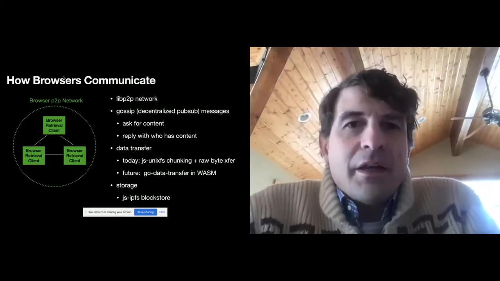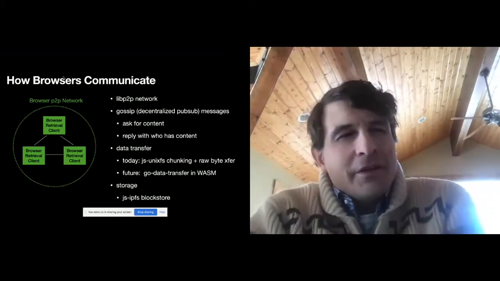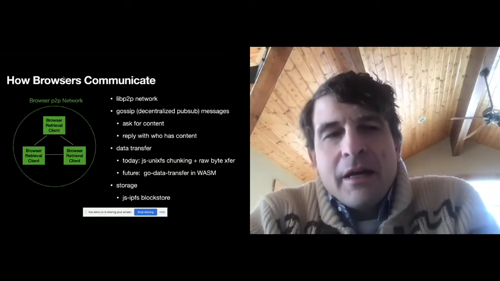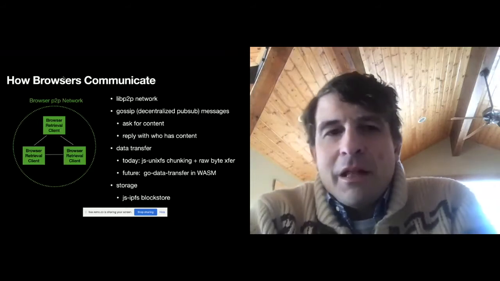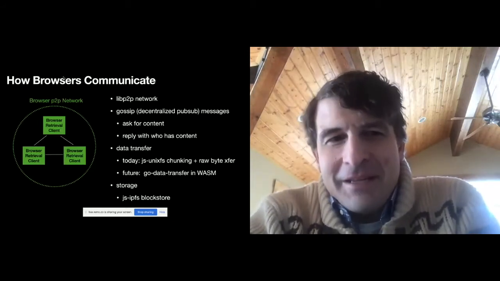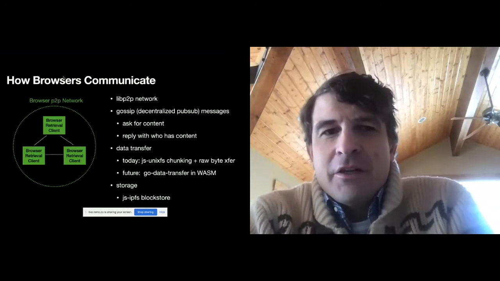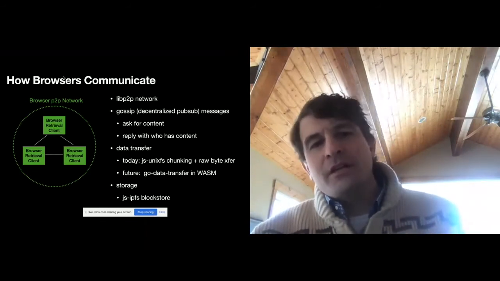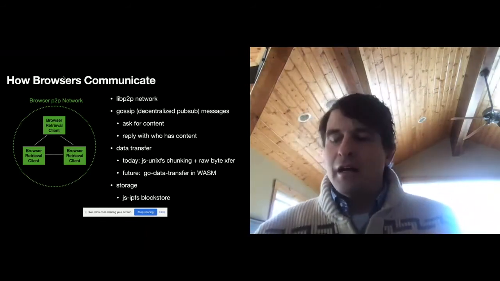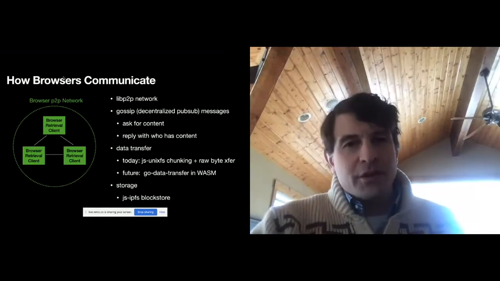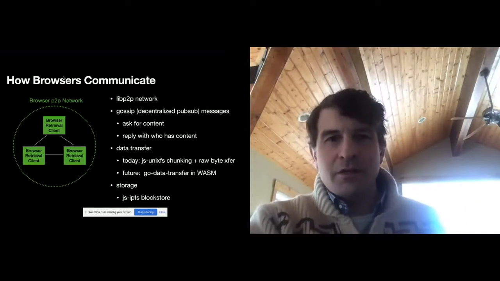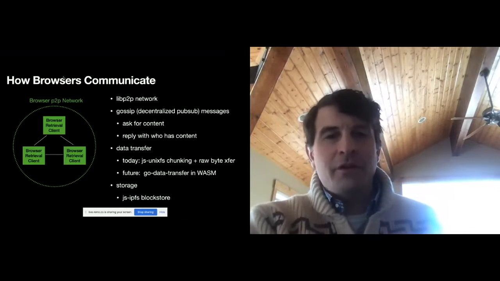Now I want to talk a little bit about the payment side of it. When browser A is requesting a file from browser B, it necessarily implies that browser A is going to pay funds, FIL, to browser B. The way that works is a back and forth mechanism where a little bit of data is sent by browser A, and then browser B requests a payment voucher, which is a commitment to pay a certain amount of FIL in the future.